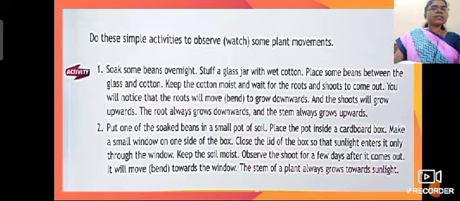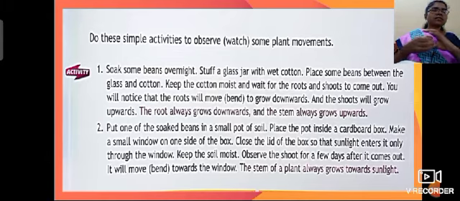Next, we'll see one activity. You're going to do this simple activity to observe some plant movements. Soak some beans overnight, beans or mustard or any seeds if you have at home, and fill a glass jar with wet cotton.